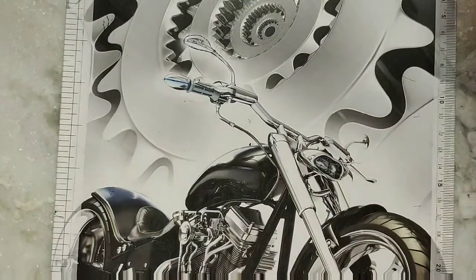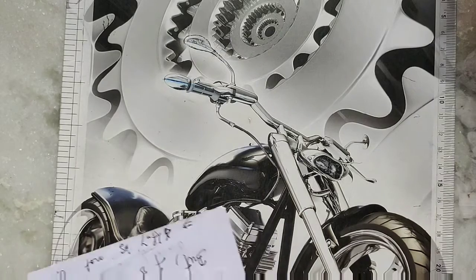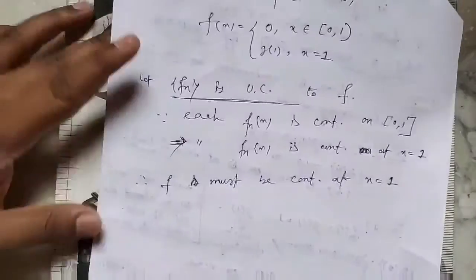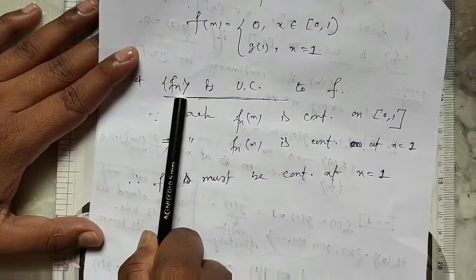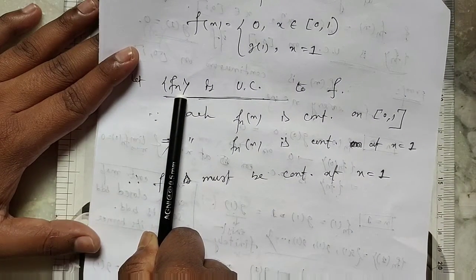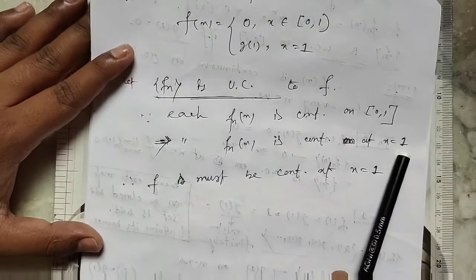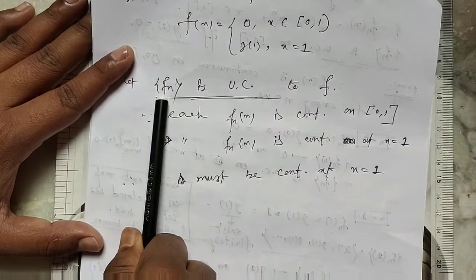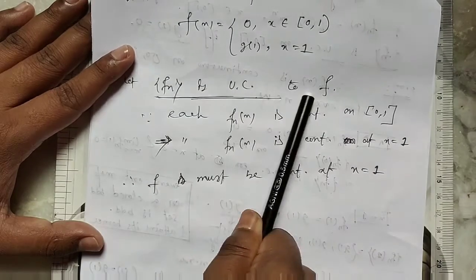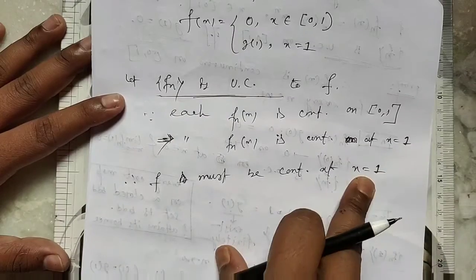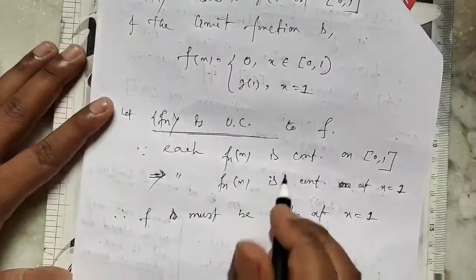So here each function is continuous at x equal to 1, and the sequence of functions is uniformly convergent to f, so the limit function must be continuous at that point, that is at x equal to 1.